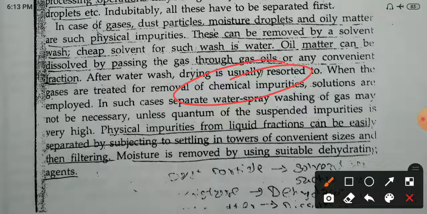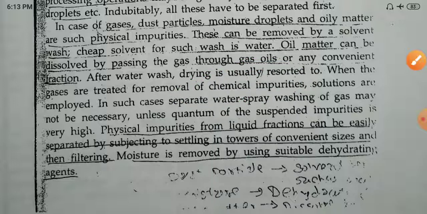Such solutions are employed in such cases, with separate water spray. Washing of a gas may not be necessary unless the content of suspended impurities is very high.